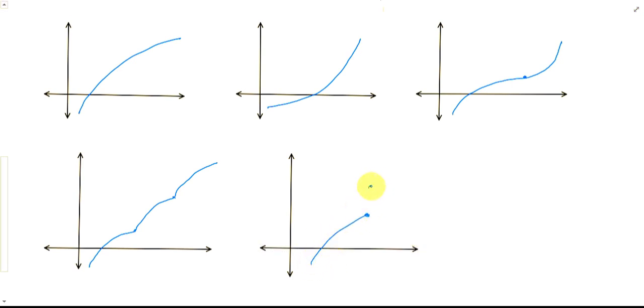Now let's see this graph. We find that this graph is discontinuous at this point. Then also this function is strictly increasing.